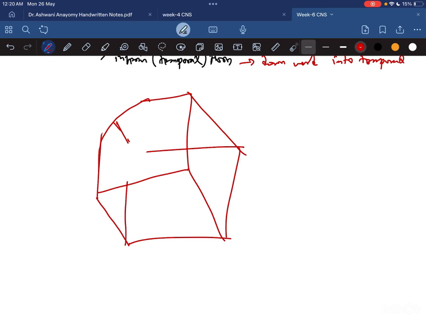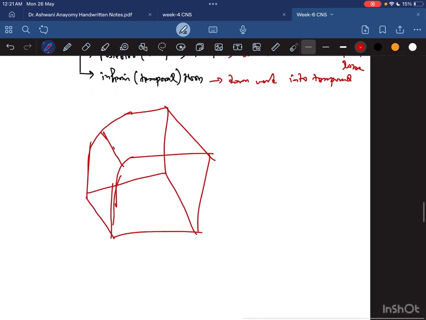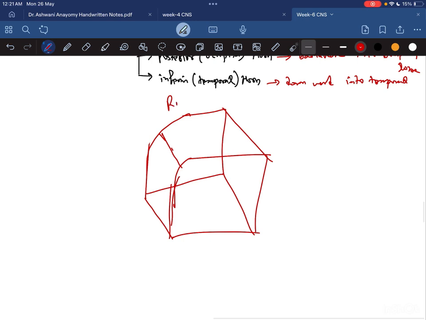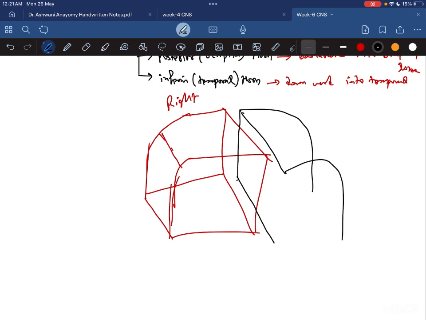This is the right side hemisphere, and here is another one I am going to draw, the left side hemisphere. These are the two hemispheres.